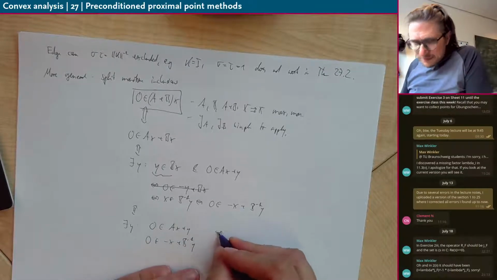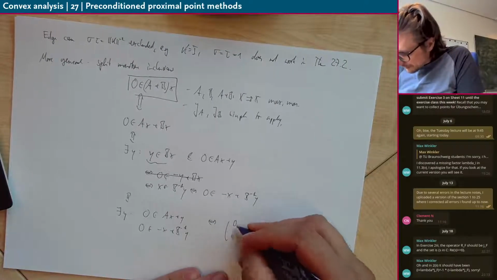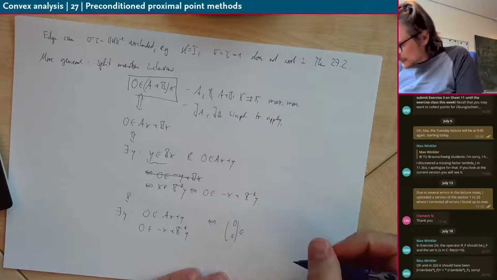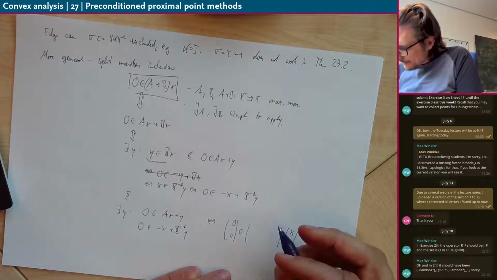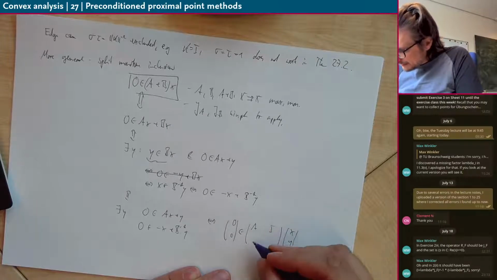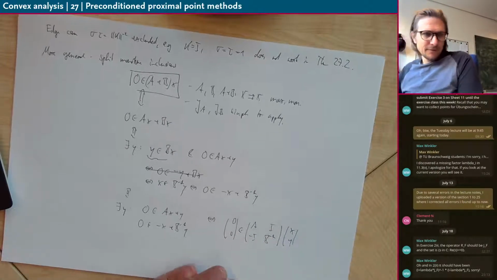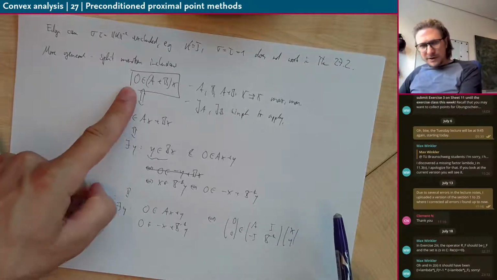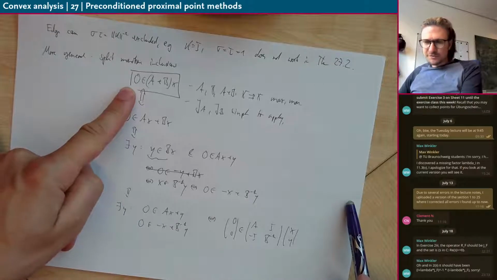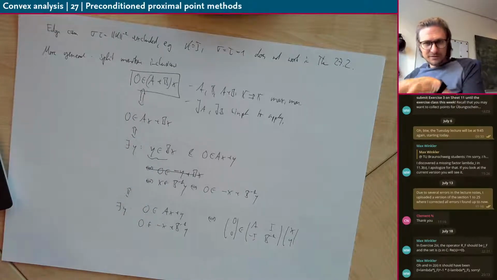And this again we can reformulate as a block inclusion. The block 0 is contained in A and B to the minus 1 applied to x, y, and then you have an identity, minus identity, the inverse of B to the minus 1. Okay, so now what we did is we reformulated this split inclusion. Split means we split up the right hand side, the monotone operator, into two parts additively.